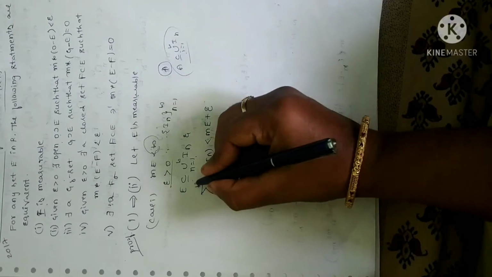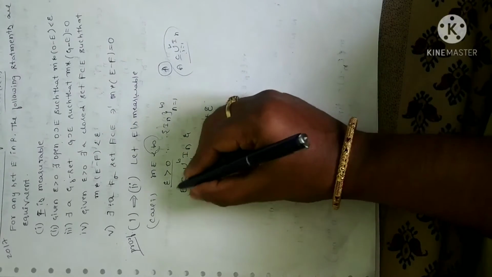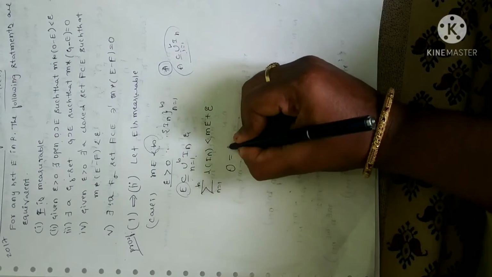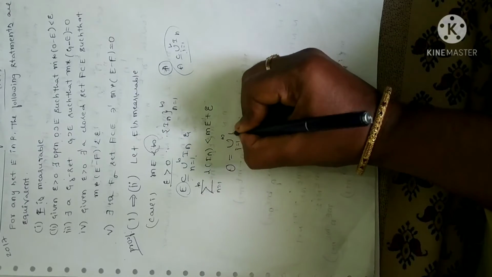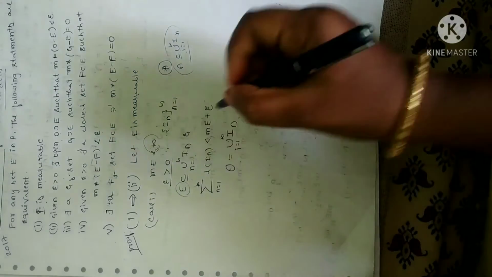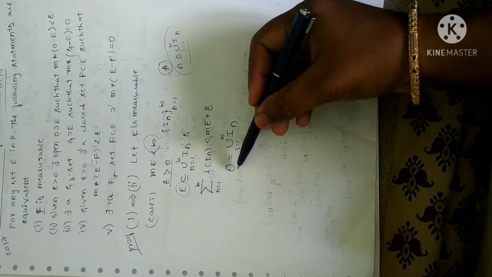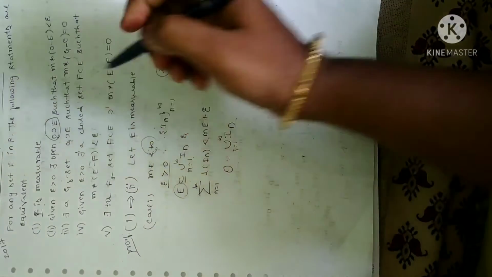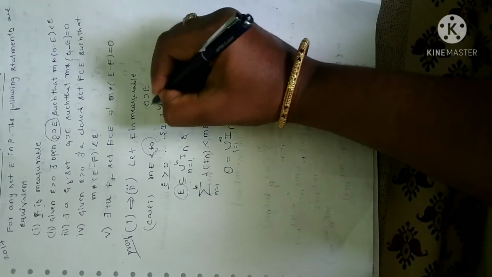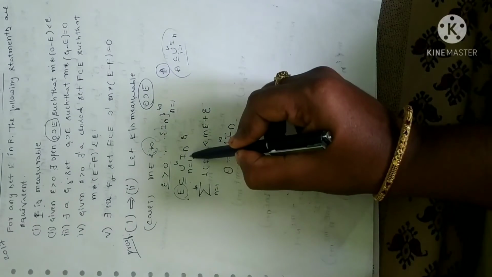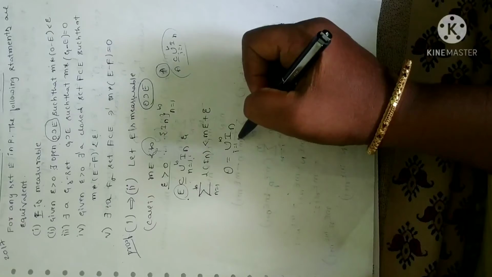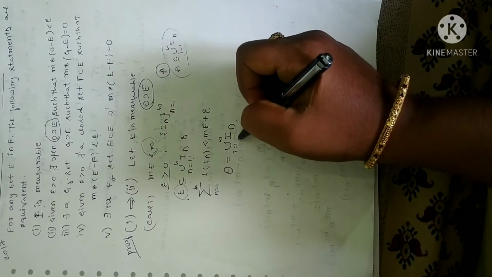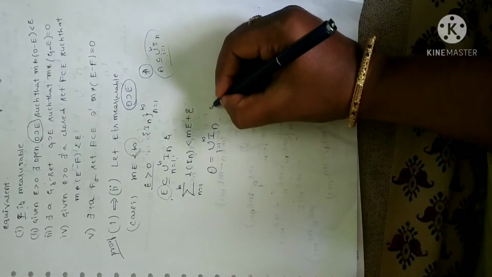Fine. Now what I'm going to do is, let me set E as O. If E can be expressed as a union of open intervals, I can set O as an open set also, right? Why? Because O is contained in E. In the problem itself it is mentioned that O is contained in E, they are subsets. So, if E can be expressed as a union of open intervals, O can also be expressed as a union of open intervals.